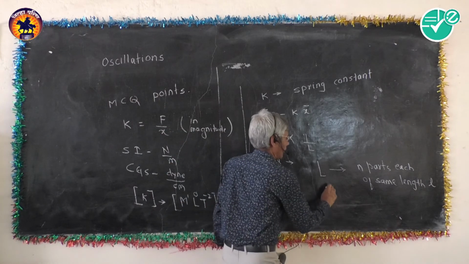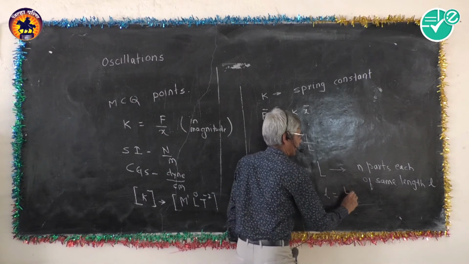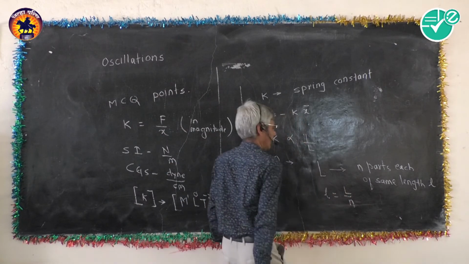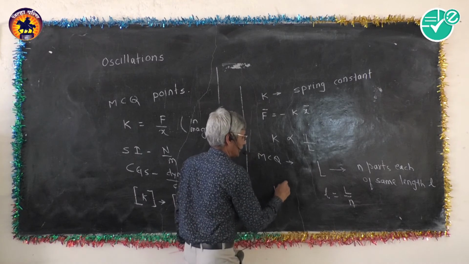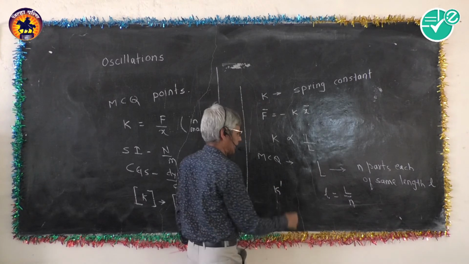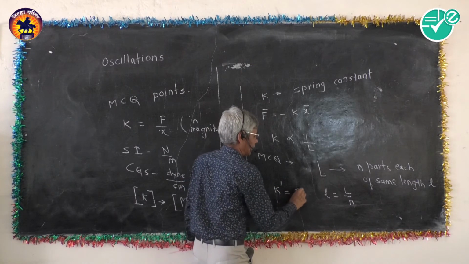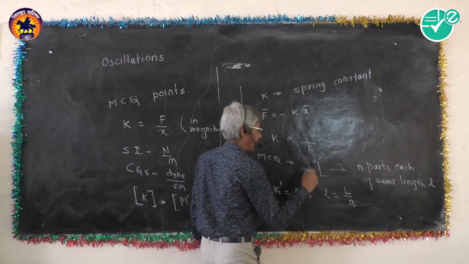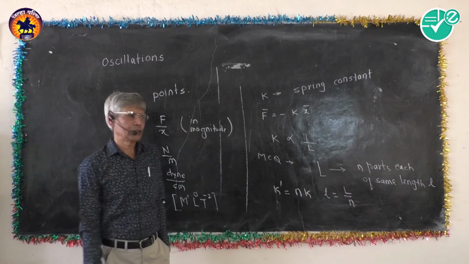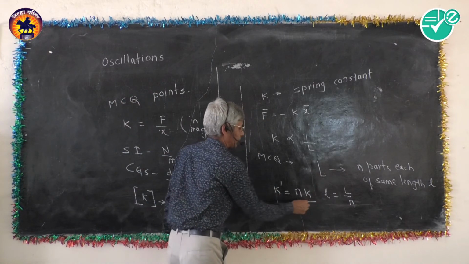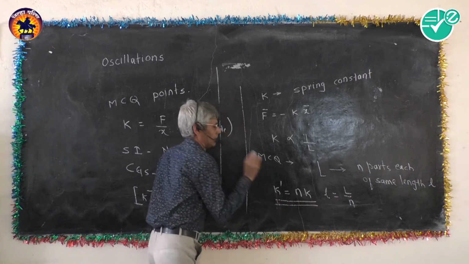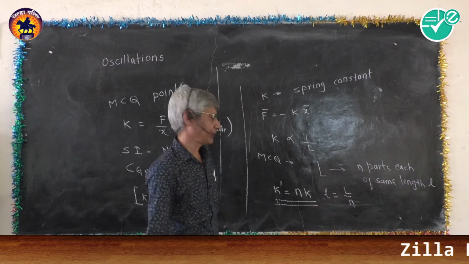So length of each part of the spring will be L by n. Now the spring constant K dash will be equal to n times the original value of the force constant or spring constant. This should be remembered.